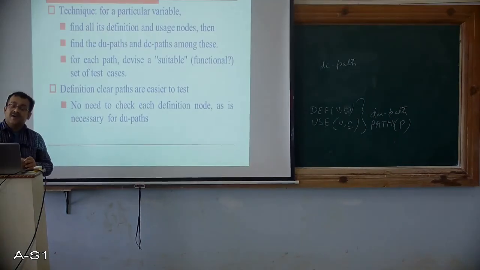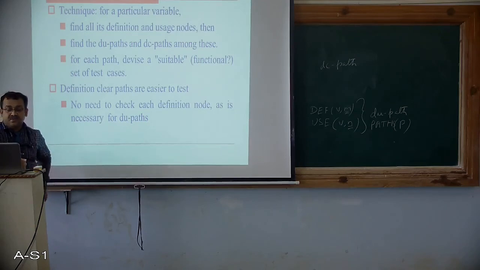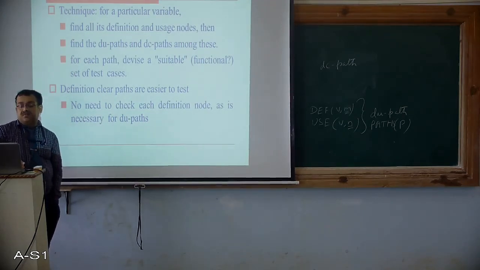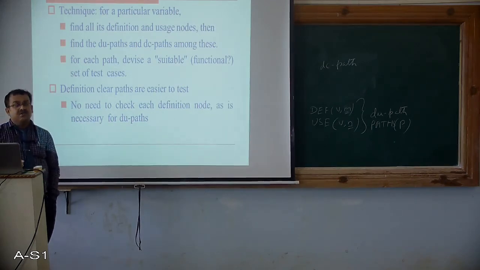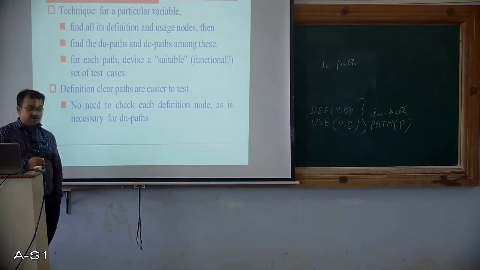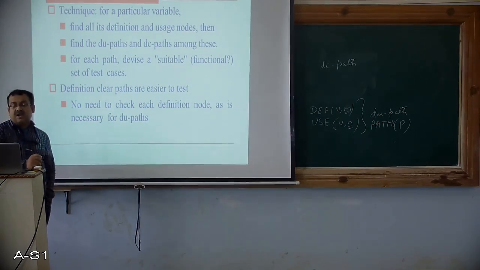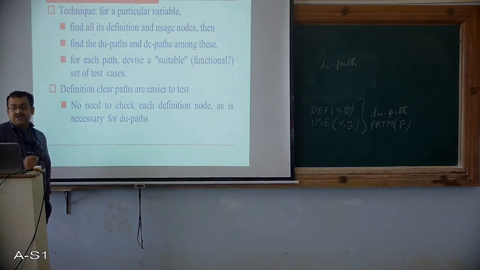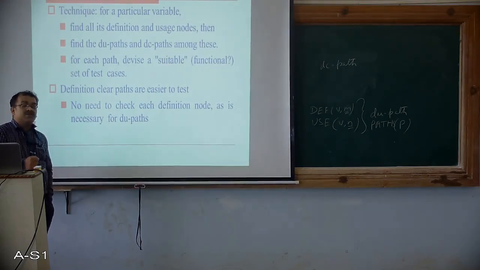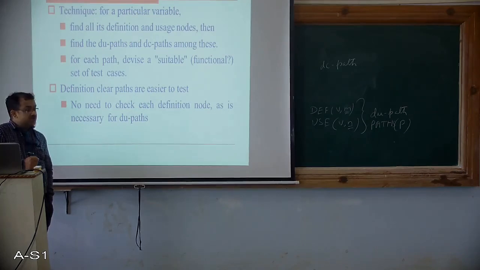Test cases for define and use test cases. We can have the techniques for a particular variable. For every variable, we can define the paths which will be created. First you identify for a particular program all the definition and usage nodes.